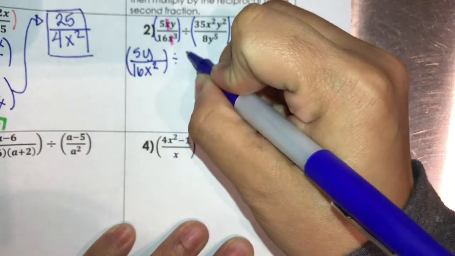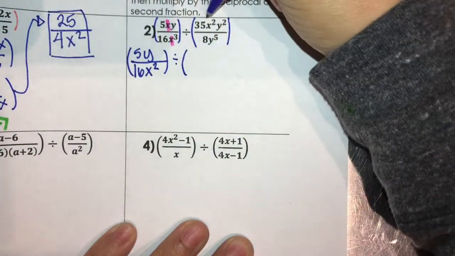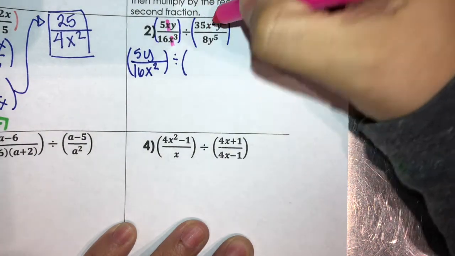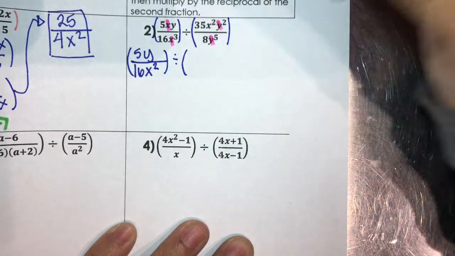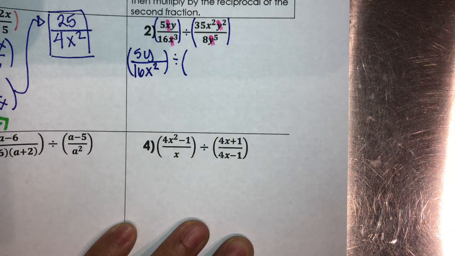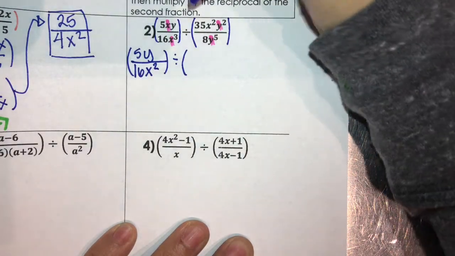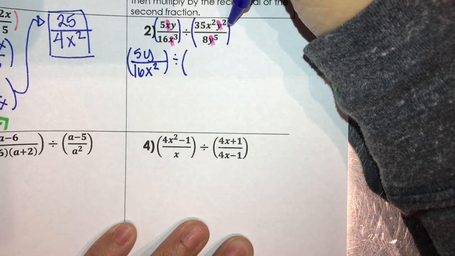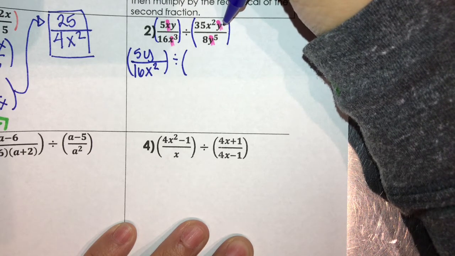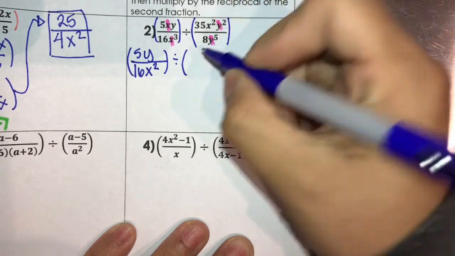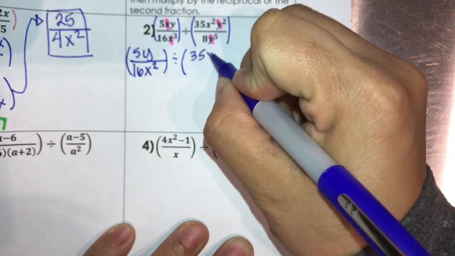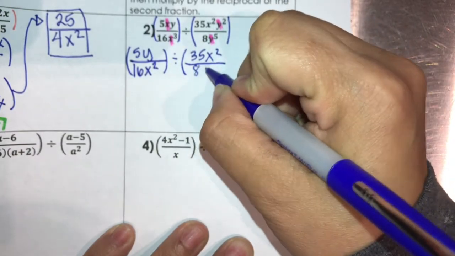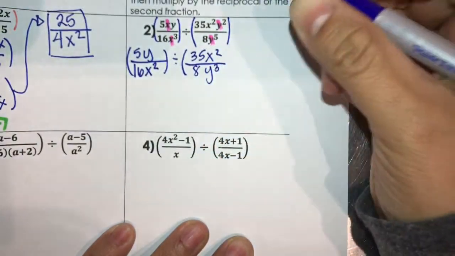Then we simplify the second expression by subtracting 2 from both exponents, so I get 35x squared divided by 8y to the third.